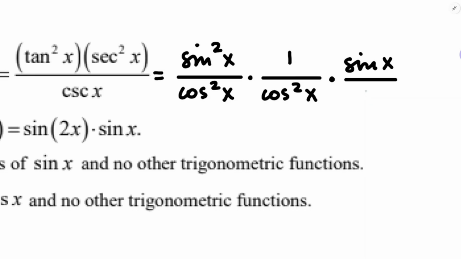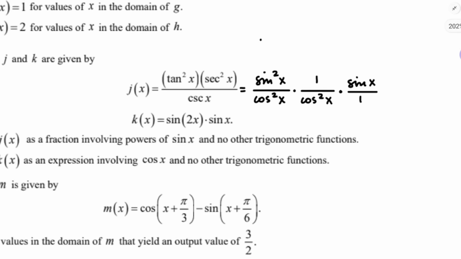What are the instructions? Just in terms of sine x. Powers of sine x. Okay, I think I see what they're talking about. So over here I'm just going to start combining stuff.